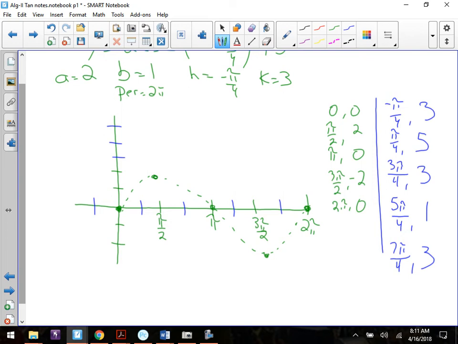So let's see, 3. If you want to put that horizontal line there to help you remember that that's the new 0, by all means, there's nothing wrong with that.